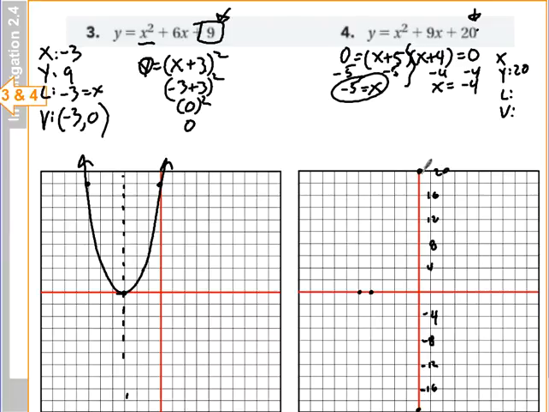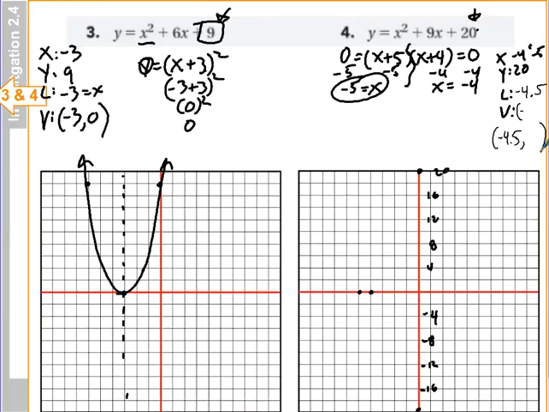And we need -4, -5. And then our line of symmetry is going to be halfway in between the two x-intercepts, so that's -4.5. So my vertex is -4.5, comma something. We need to find that something. So let's plug it in.